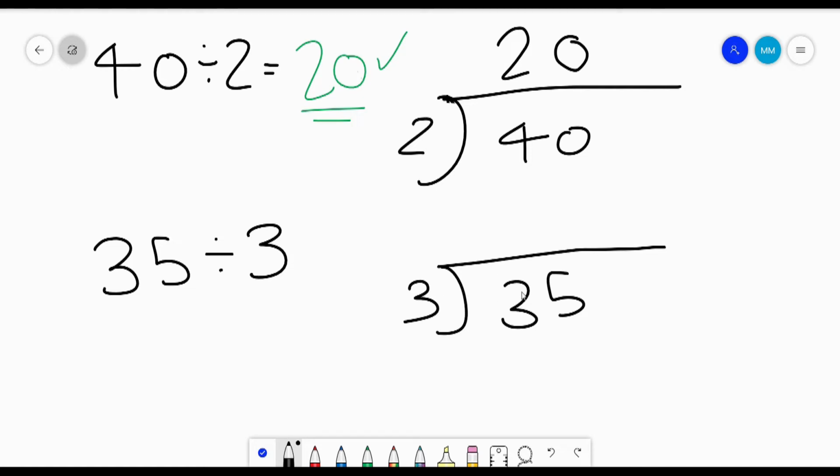So we start here, 3 divided by 3. How many 3's are in 3? 1. Do we have any remainder here? No. So we now go to the 5, and we say, well, how many 3's are in 5? Well, there's 1. Is there a remainder? Well, yes, because 5 divided by 3 is 1, remainder 2.